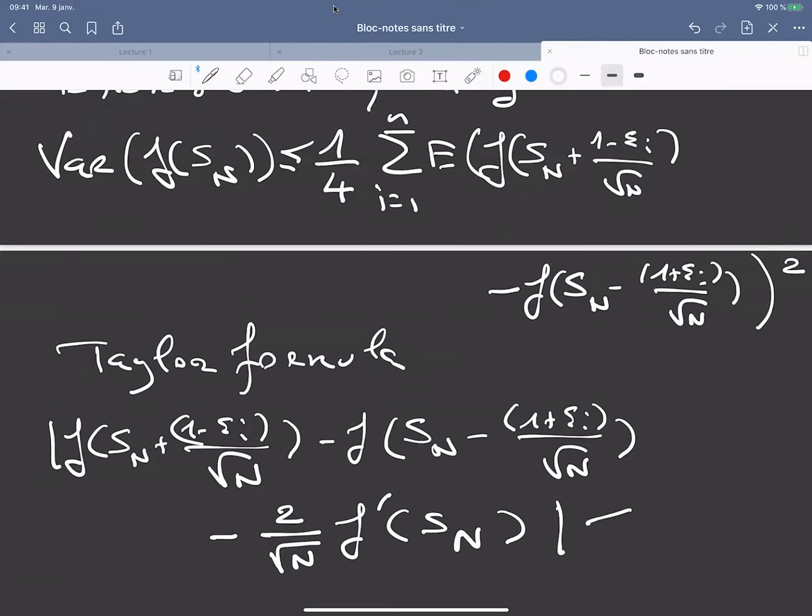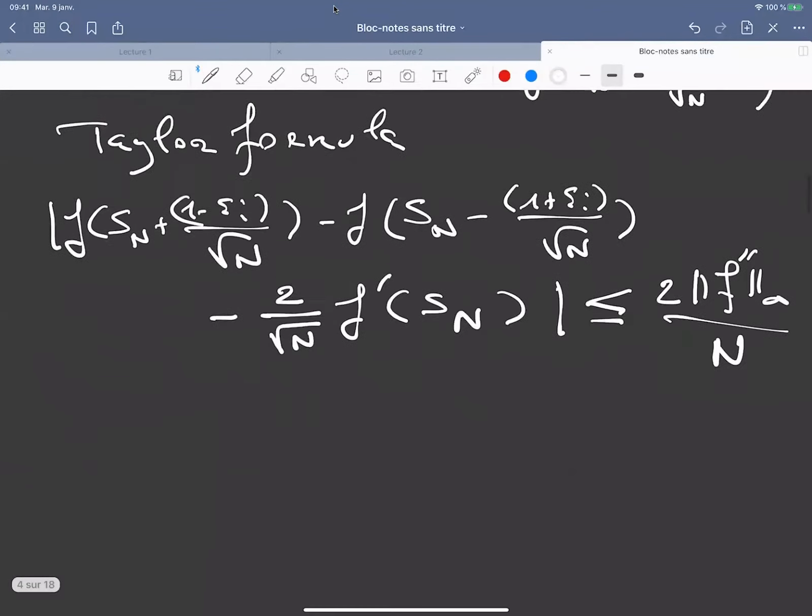And this has to be less than 2 times the sup of the second derivative, excuse me, over capital N, which is 1 over square root of n squared. So this is Taylor formula.